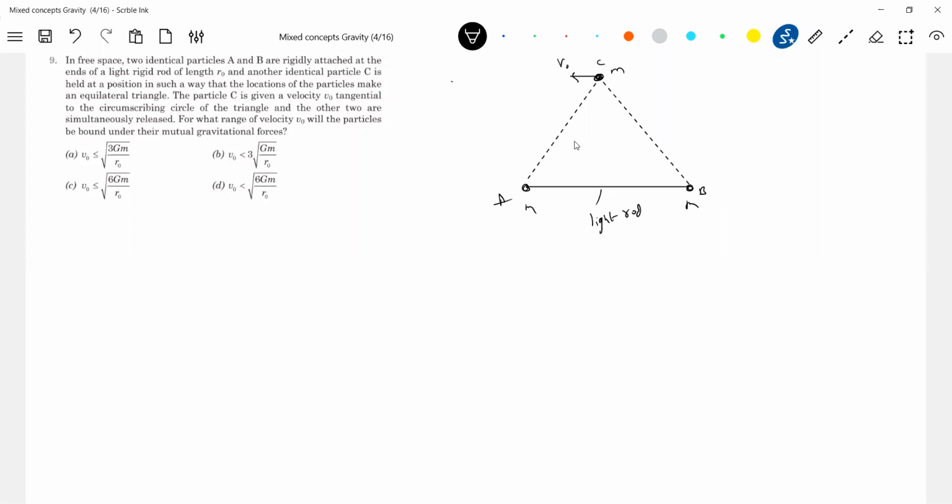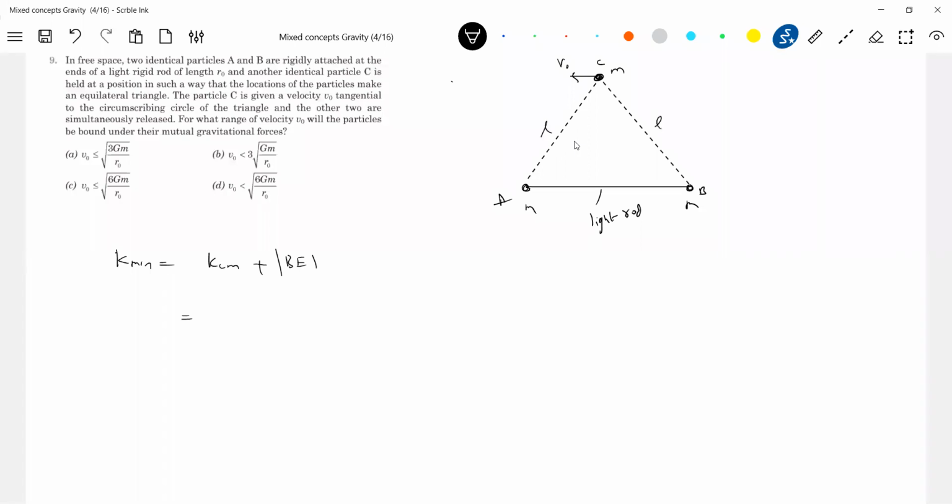Again, what is the basic idea here? Of all the energy we supply, a part goes to the kinetic energy of the center of mass of the system, and the remaining should go for the binding energy. What is the binding energy of the system? With what energy will the particles get bound to the system?